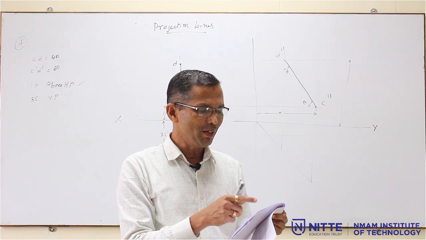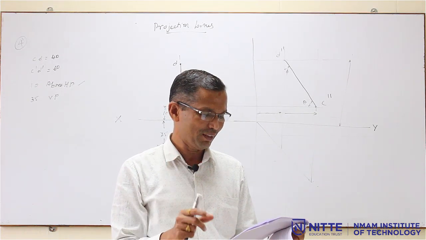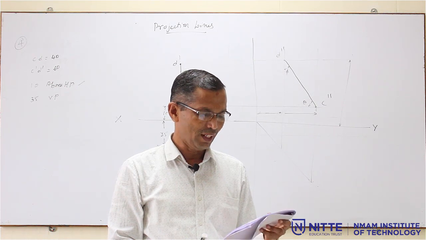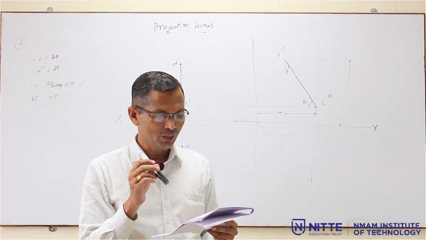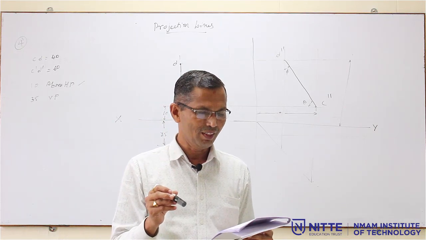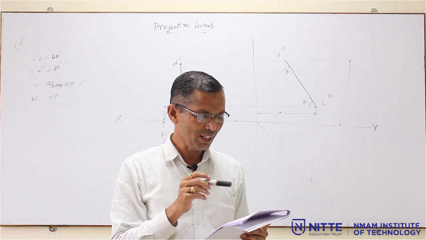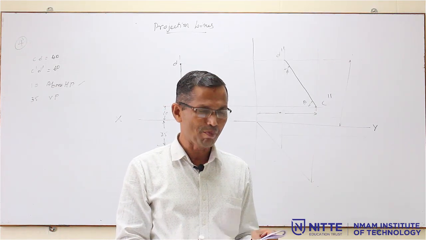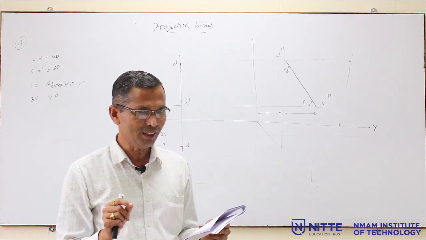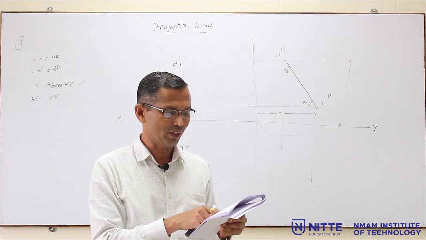So, it is a similar problem, only the dimensions change. That is why I am not going to solve it on the board. You have to solve it in the assignment, following the same procedure you followed for problem number 1, and solve it yourself on the grid sheet for the submissions. There is no change in the procedure. That is how you can solve the problem.